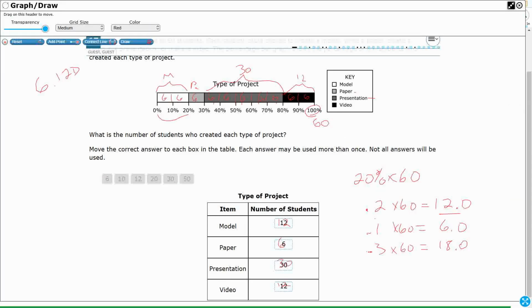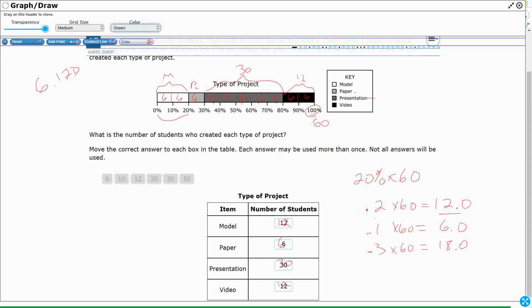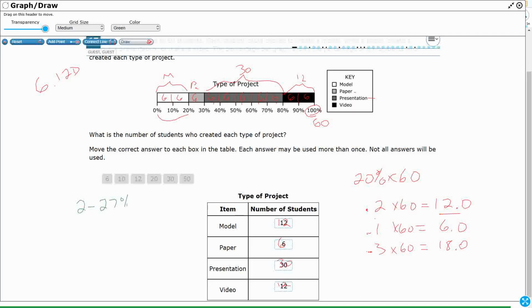Now, this is a 2-point problem, so we don't really know which ones students got incorrect. But let's see how many we got for 2 points. This was difficult. 27%. Barely 1 out of 4 were able to get all 4 items correct. Doesn't do much good when you look at the 1% either.